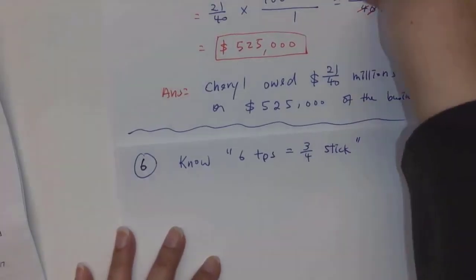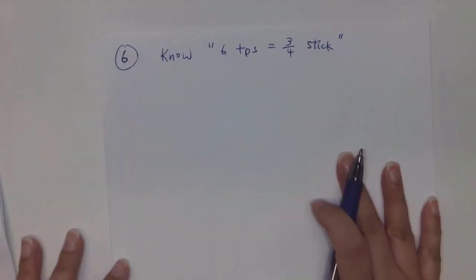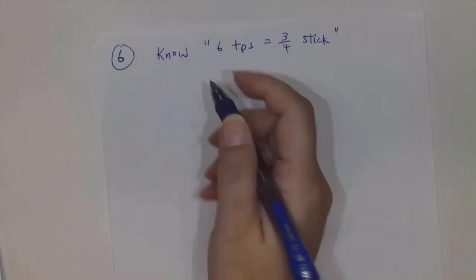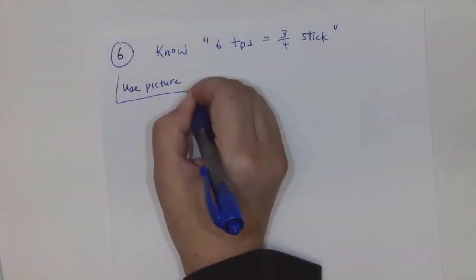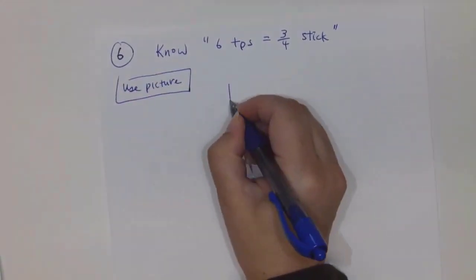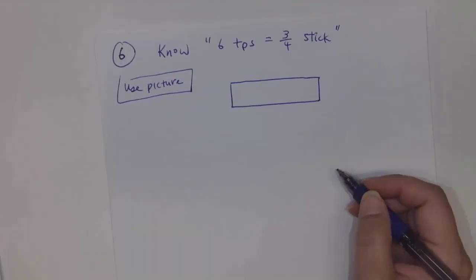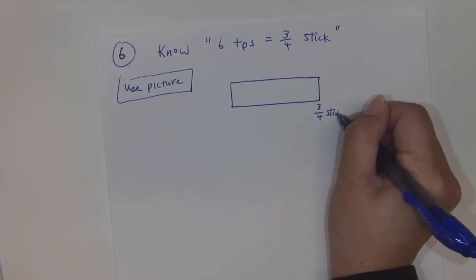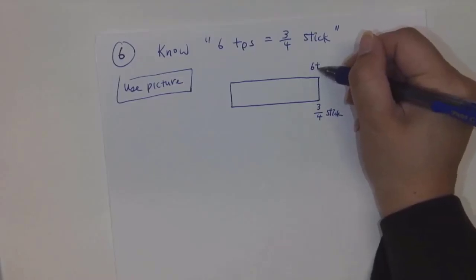Okay, so what can I draw for this? What kind of model can this be? Area model. Okay, so let's draw kind of a stick of butter, but just the part that we know. So this is what she sees here, and what she sees is 3/4 of a stick, which is the same as 6 tablespoons.